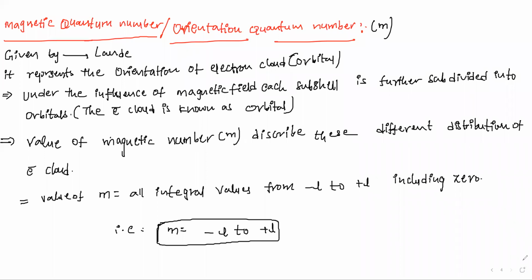Okay, I will give examples. For example, this is the n value, that is the principal quantum number value. Here I am writing L values, and here I am writing m values, magnetic quantum number values.